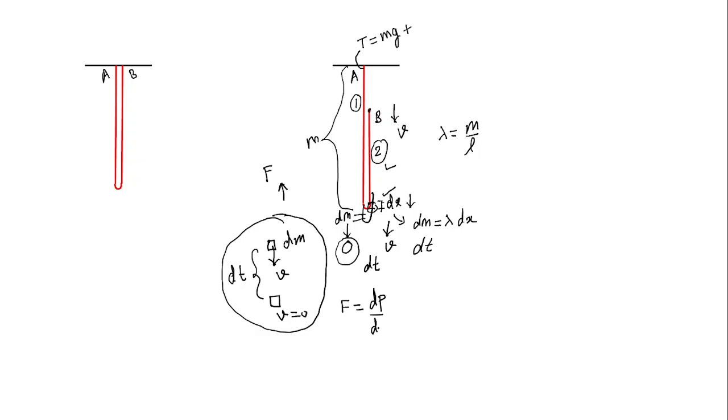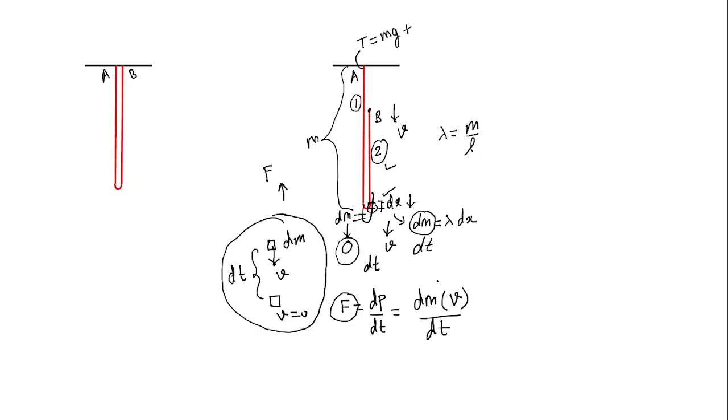And what is the change of momentum over here? It is nothing but dm times the final velocity minus the initial velocity, that means dm times (v minus 0), divided by dt. This much force has been applied on this small element dm to stop it from falling down with velocity v.